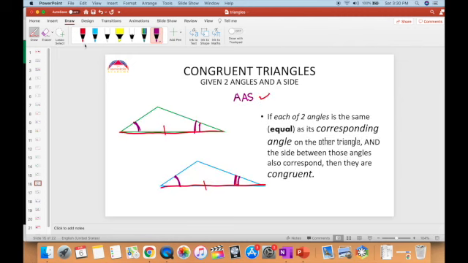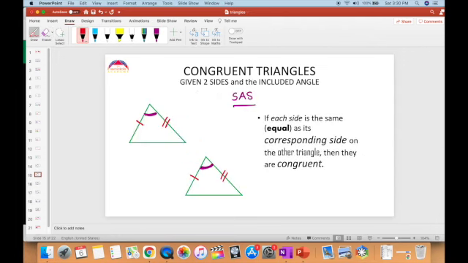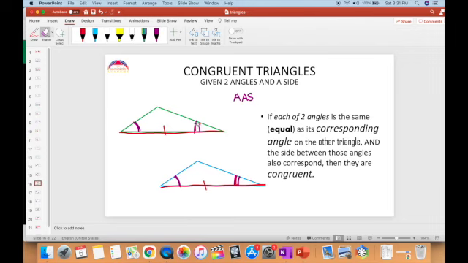The third way is angle, angle, side. Now all of this is real obvious, because if this angle is the same as this angle, wouldn't that tell you that this side would be the same as this side? Especially if these two sides are the same as well. So similarly, we can have two angles and the adjacent side between them.